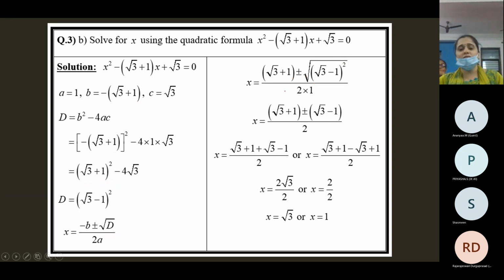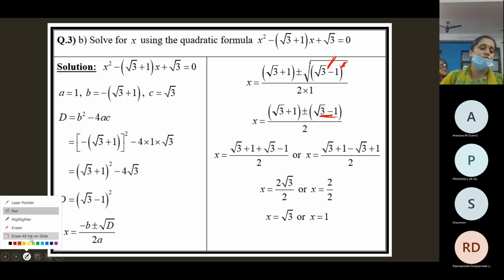Then after that, just simplifying. You don't cancel like this, but the square root and the square you can eliminate. Don't cancel like this, I'm just telling you, the whole square and square root. So it will be root 3 minus 1. Then the rest you can follow.